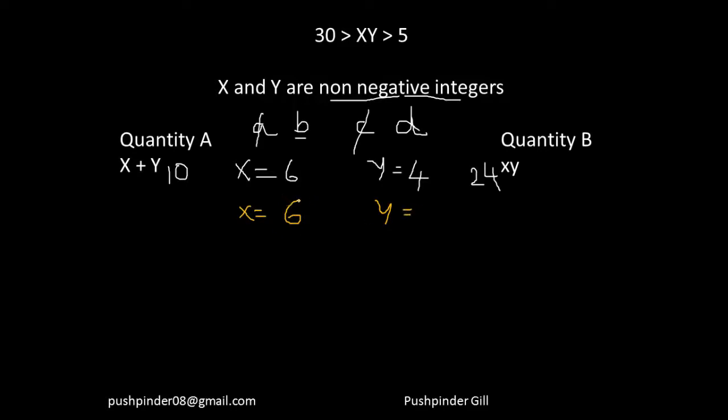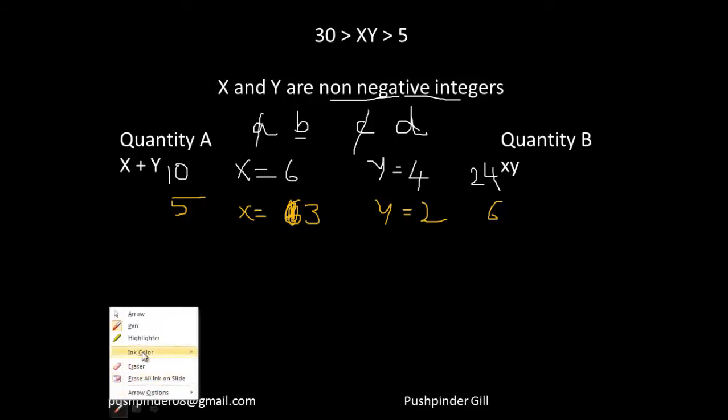Now let's say x is equal to 3 and y is equal to 2. What is the sum of these numbers? 5. And what is the product of these numbers? 6.